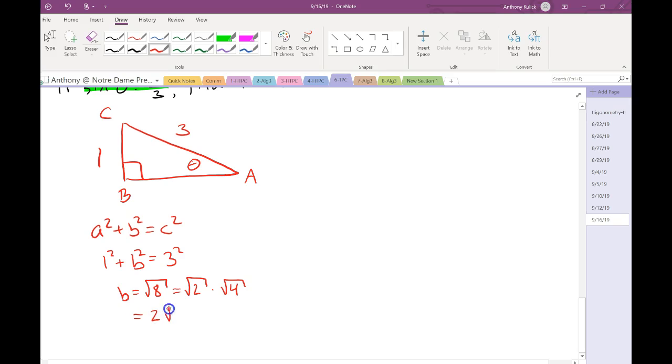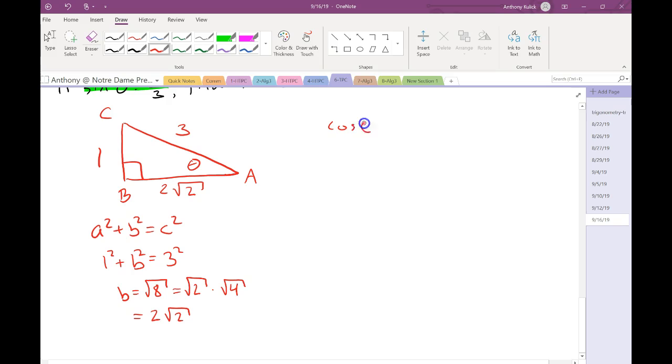And the square root of 4 is just 2. 9 minus 1. That's okay. Does everybody kind of remember that from last year? Okay. So I'm going to write that as 2 square root 2.